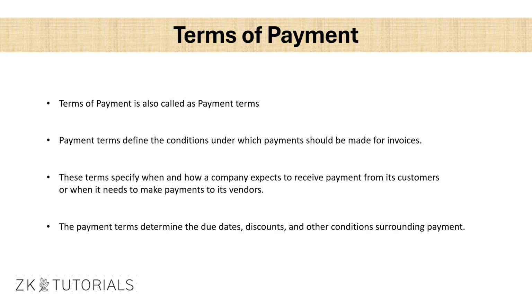From the date of invoice till the payment is made, this period is called the credit period. Some customers will pay even after the due date, and some will pay before the due date. Now let us understand with an example.